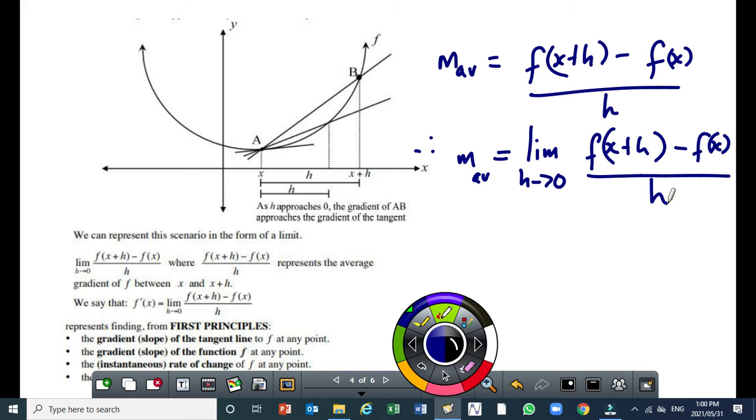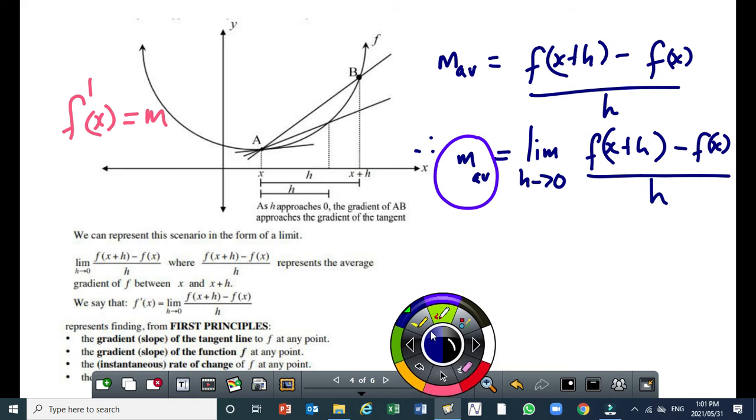Okay? But now in calculus, we have a way of denoting this gradient. Instead of using the small letter m to represent the gradient, we replace it by a new notation which is called f prime of x. So f prime of x is the same as gradient.